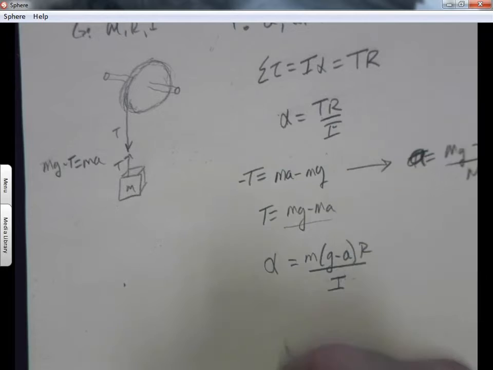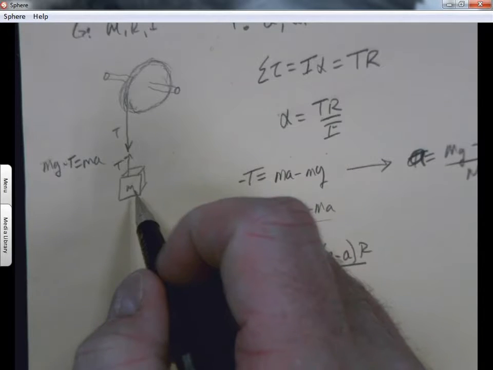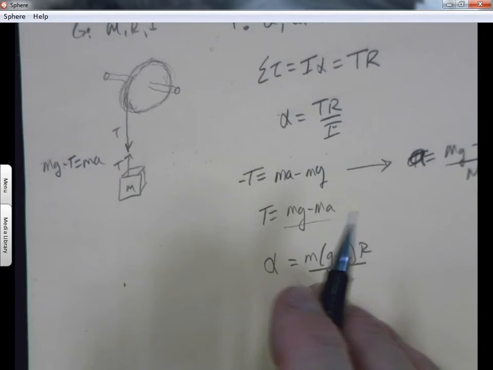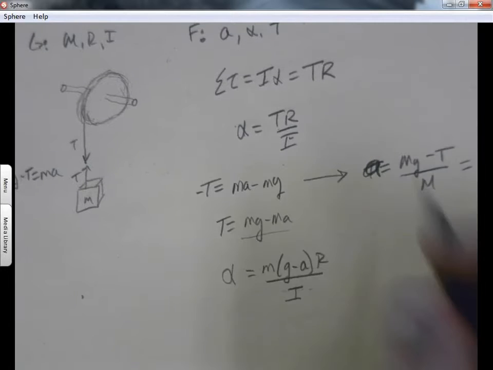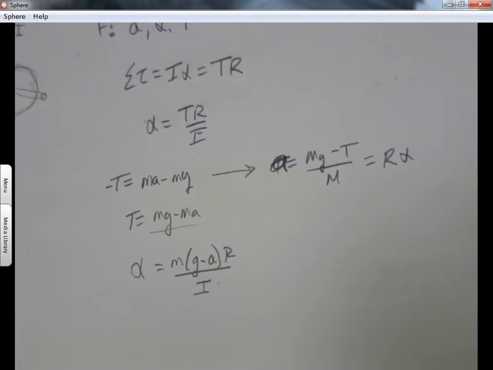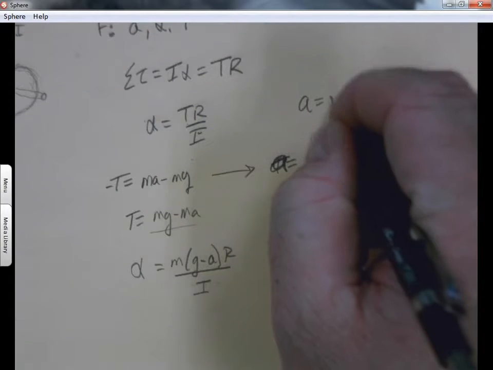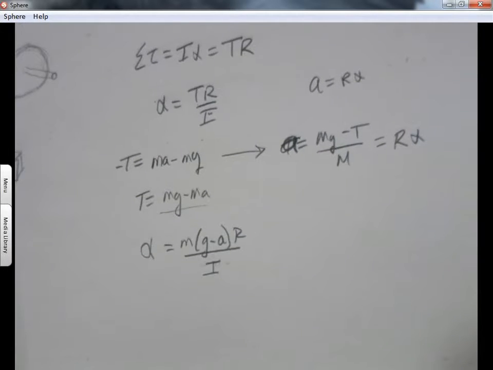And we also know that this a, because that's the acceleration of this object, is going to equal r alpha.